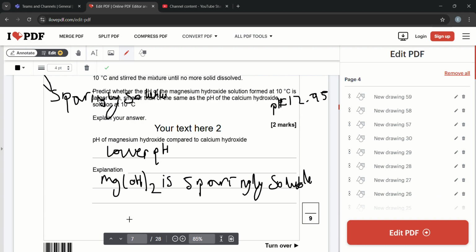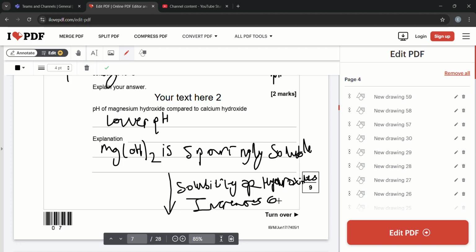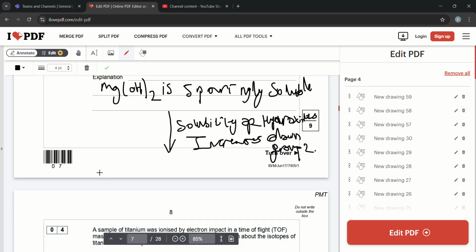And we know that the solubility of hydroxides increases down group 2. And that is the end of question 3.